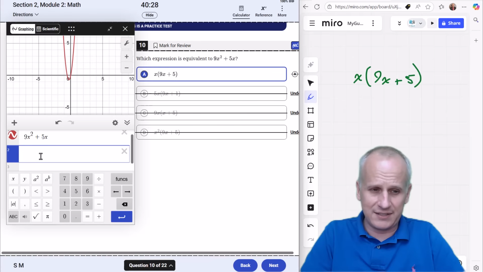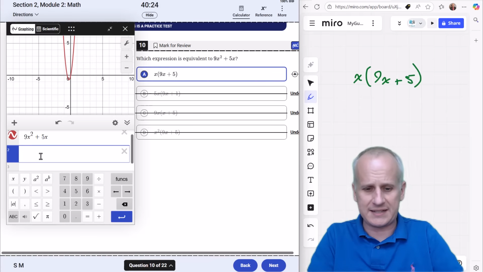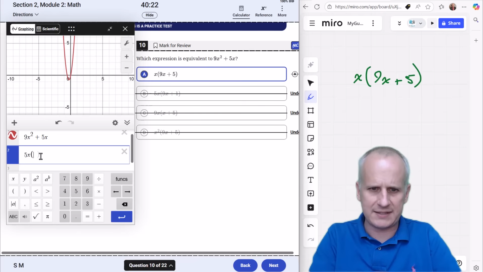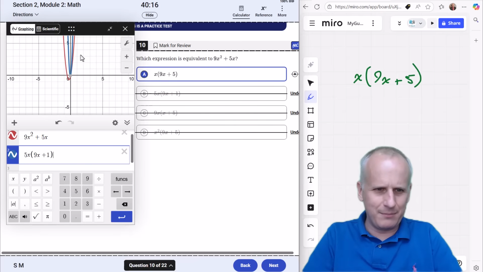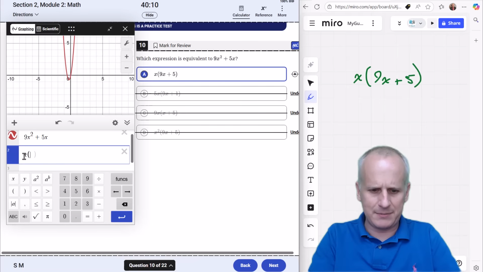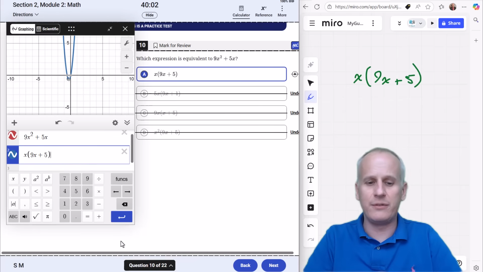And again, it doesn't really matter that it's not perfect. We're just trying to see which one's going to be the exact same. If I put in 5x times 9x plus 1, now I see that my chart has actually shifted. But if I were to put in x times 9x plus 5, it's right on top of the other one. So again, you can see how using Desmos, we can still get to the right answer.